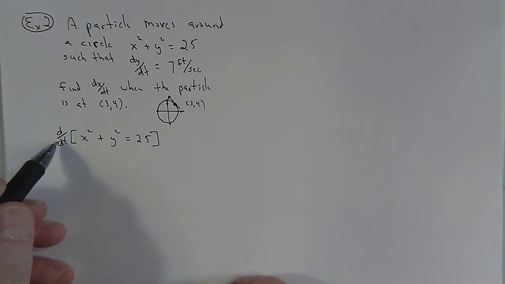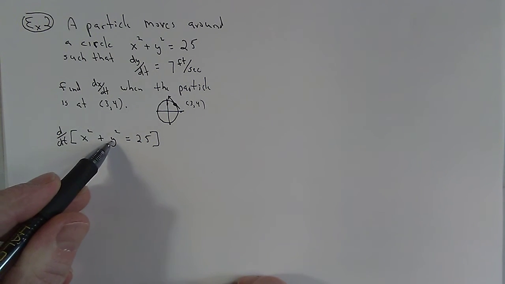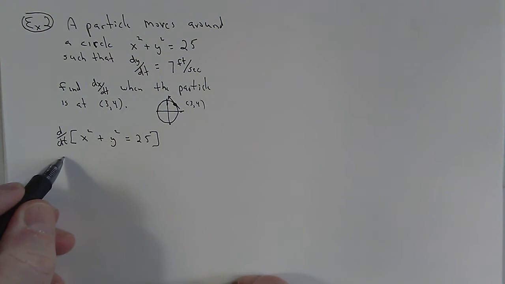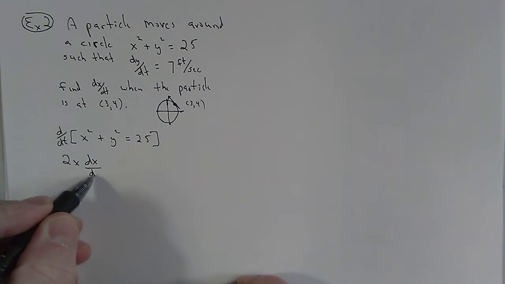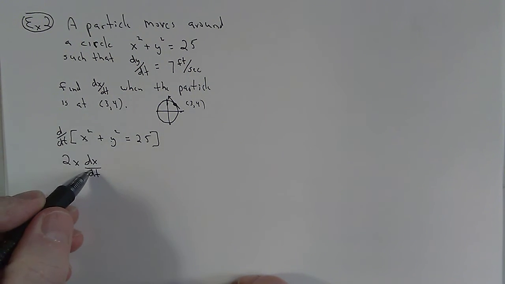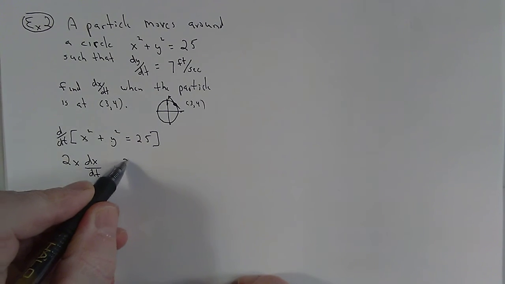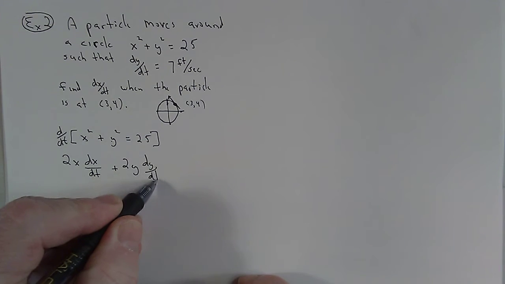So we're not taking the derivative with respect to x, we're taking it with respect to time. These are both functions. So 2x dx/dt, 2x times the derivative of the base, plus 2y dy/dt.